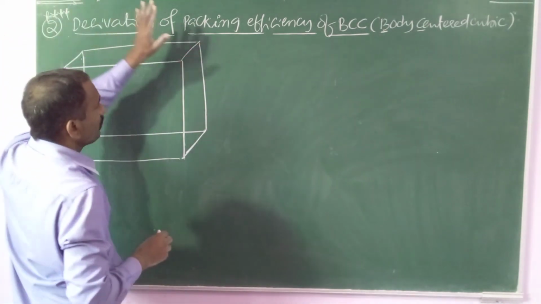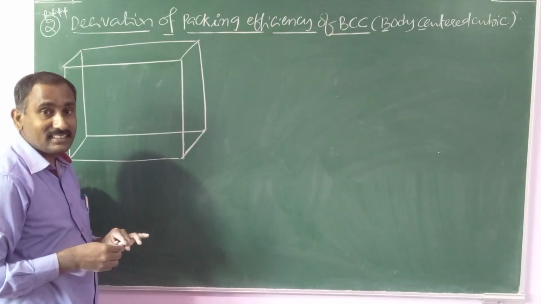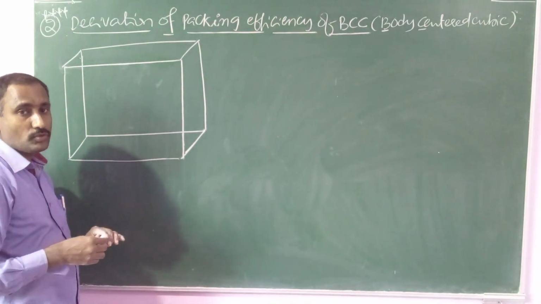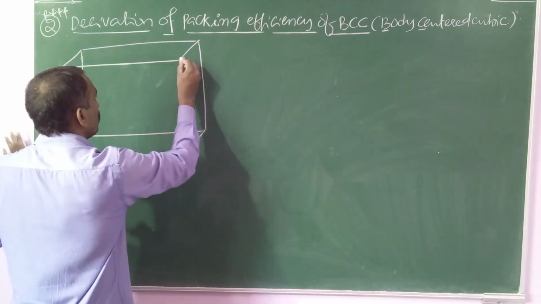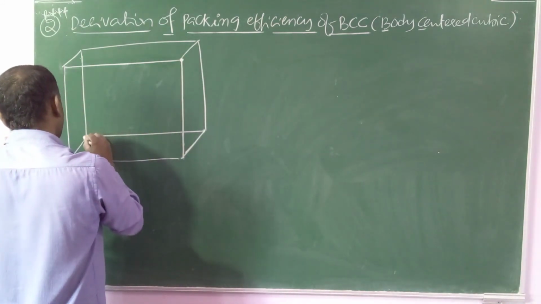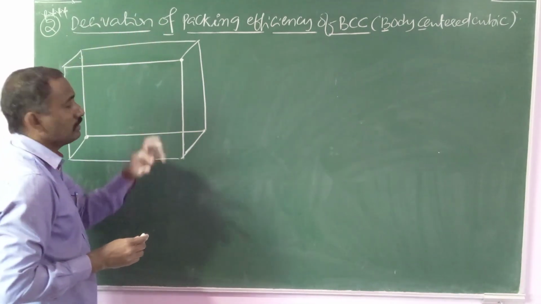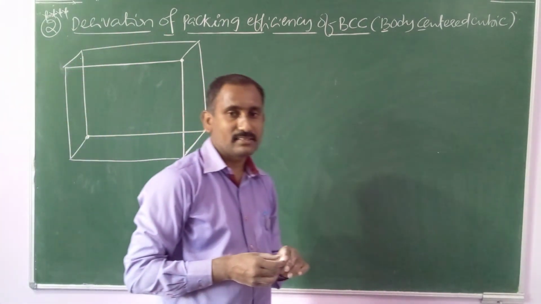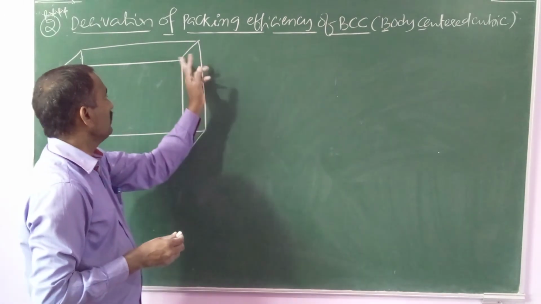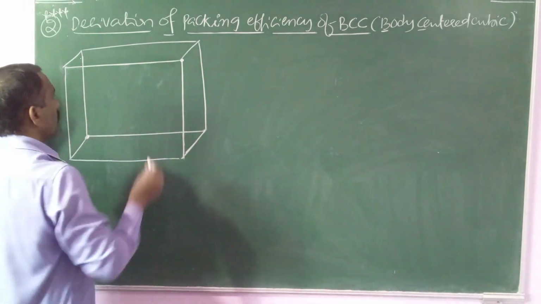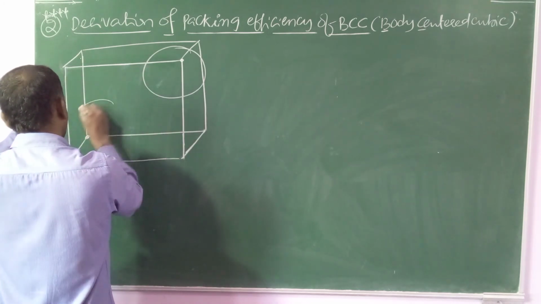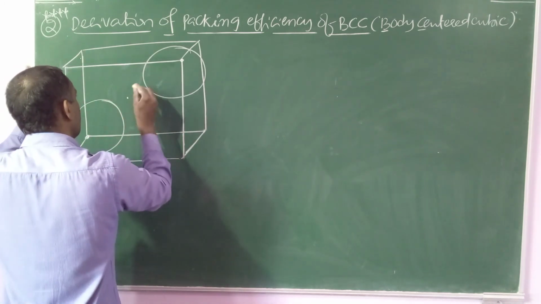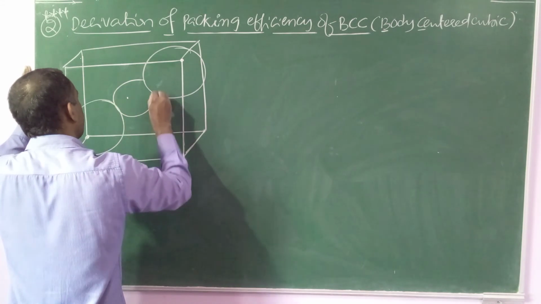In BCC, constituent particles are located at corners and the center of the body. Here I am considering 2 corners and 1 center of the body. Actually we should consider 8 corners, but for derivation purpose, any 2 corners and the center of the body are enough.